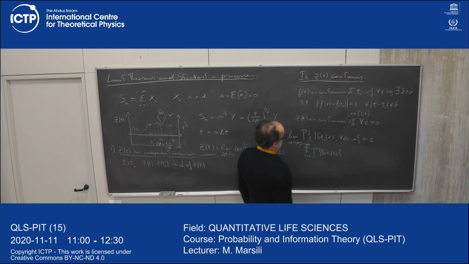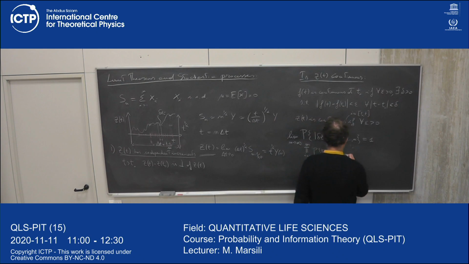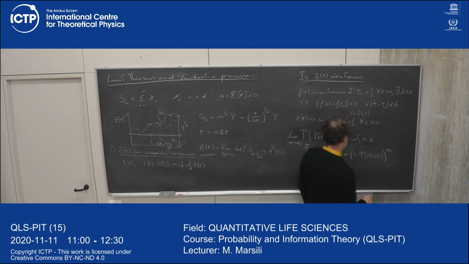But because the size of this interval is the same, then this distribution is also the same. So I can write this as 1 minus the probability that delta zi is larger than epsilon, raised to the power n. Okay.